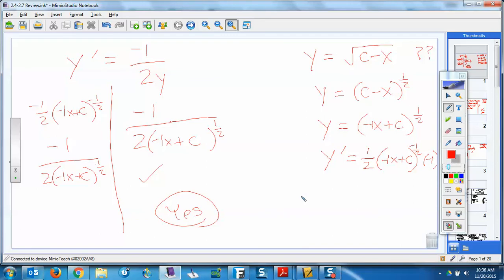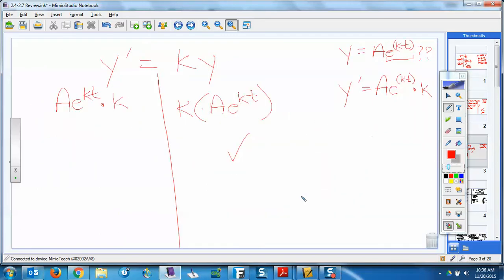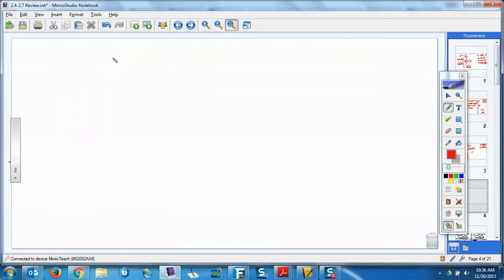Okay, so let's move on to, how about the bank interest one? Was it 47? They said P prime equals, didn't they give you that? 0.08P, right? Okay, now does that look familiar? Isn't that y prime equals ky, right?